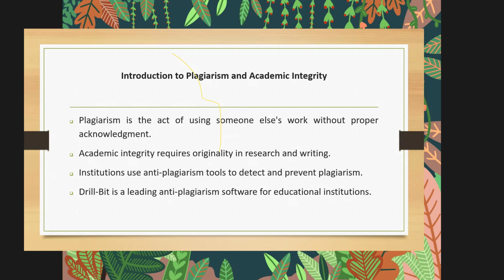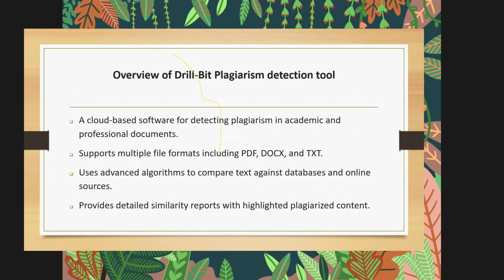Plagiarism is the act of using someone else's work without proper acknowledgement, and academic integrity requires originality in research and writing. Institutions use anti-plagiarism tools to detect and prevent plagiarism. Drillbit is a leading anti-plagiarism software for educational institutions.